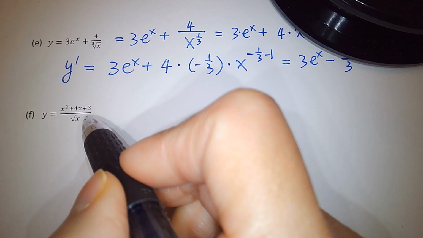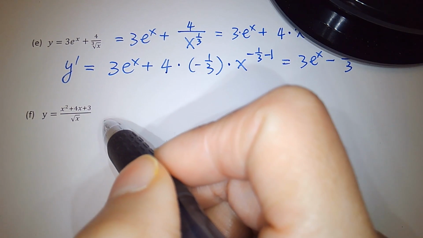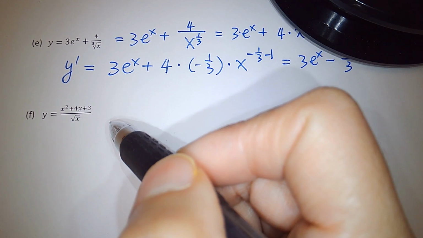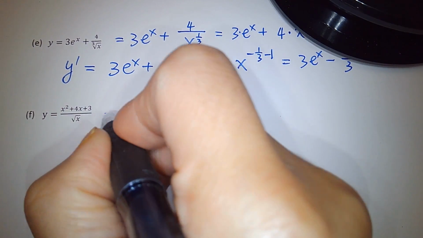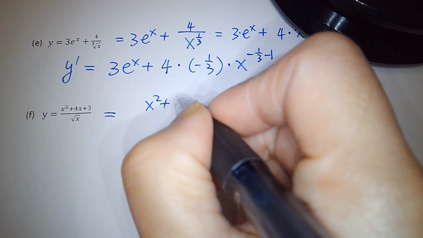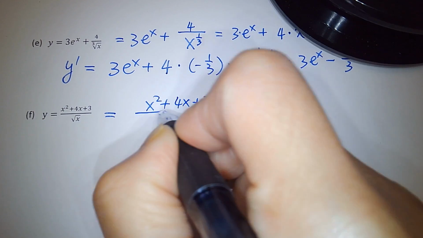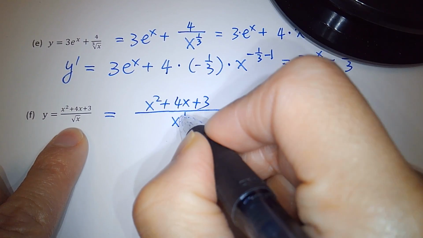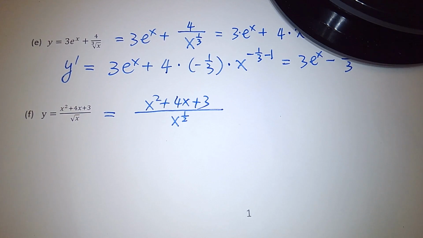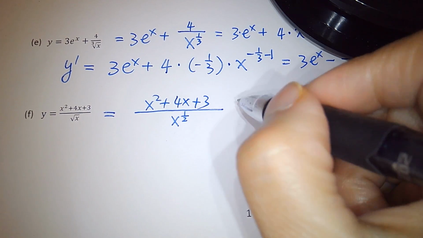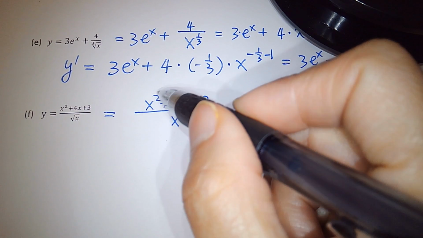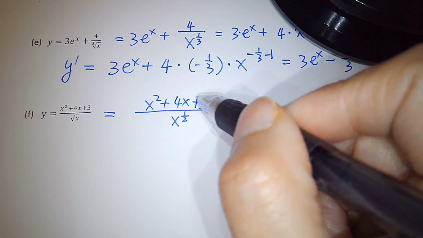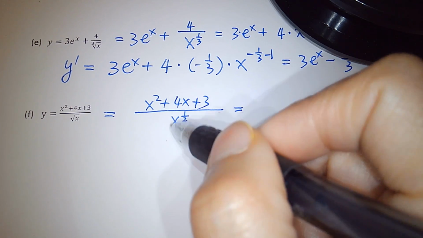Hopefully you can split it into what? Sum of power functions. Okay, so first we're going to rewrite the denominator square root of x by what? X to the 1/2 power. Then what? Yeah, we have 3 terms on the top divided by 1 denominator, right?